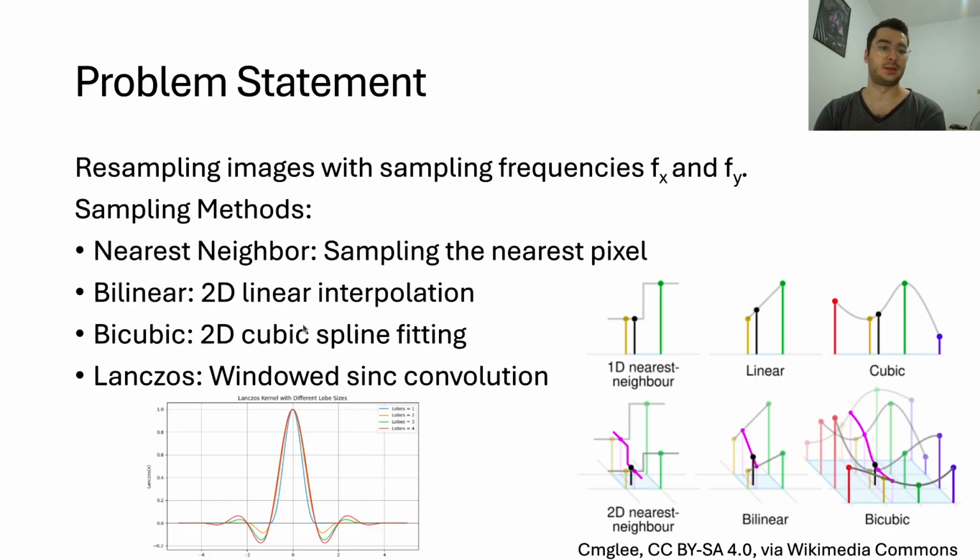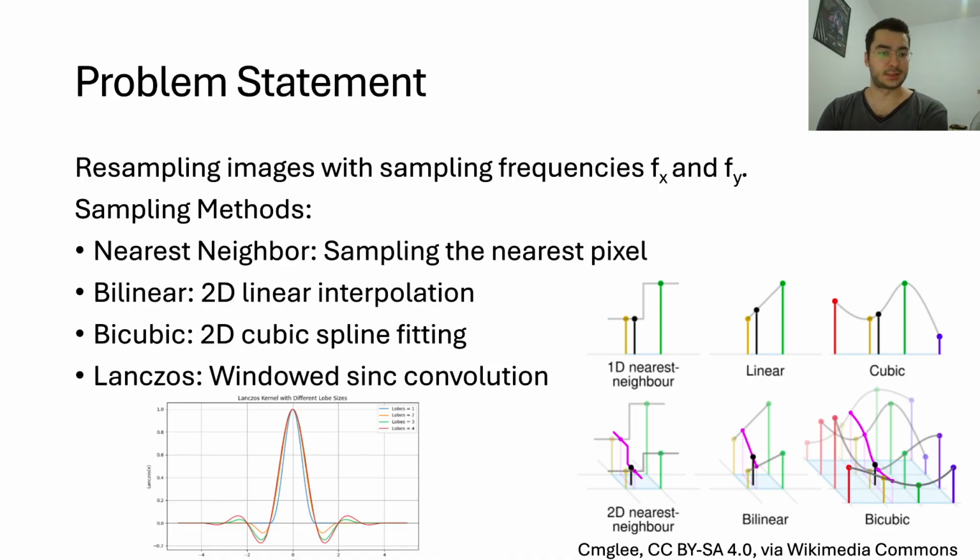To do this in 2 dimensions, it is the same idea. You do it in one axis, you consider 4 by 4 nearby pixels, so it was 2 by 2 in the bilinear case, and now it's 4 by 4 in the bicubic case. We do spline fitting in one direction, we get 4 values, then we do it in the other direction, and then we get our value for the coordinate that we are sampling.